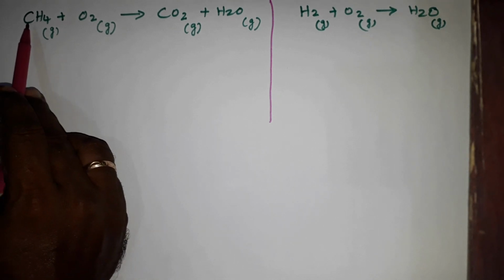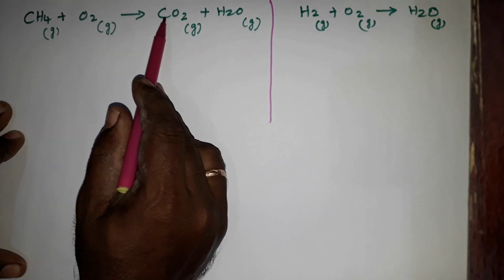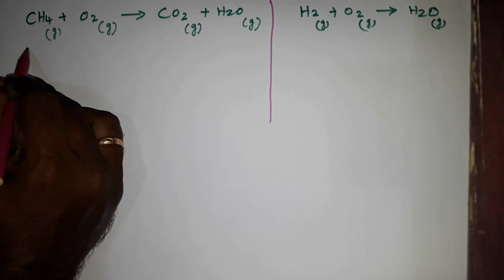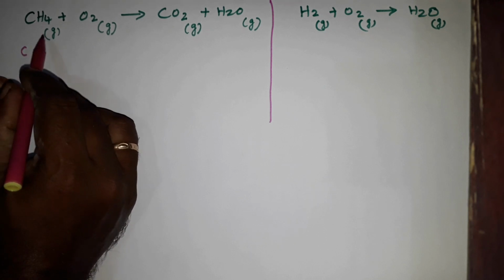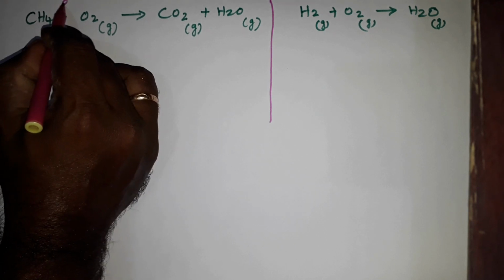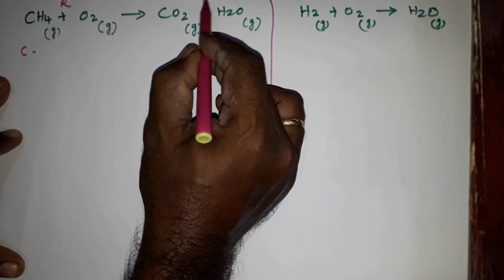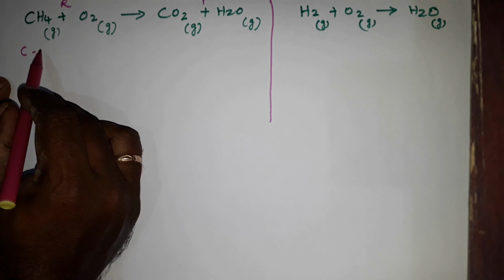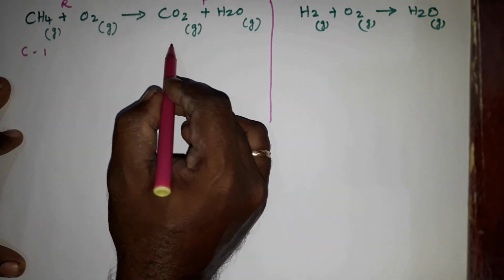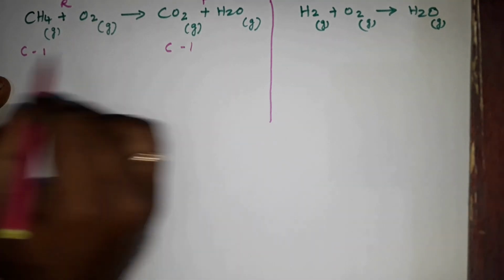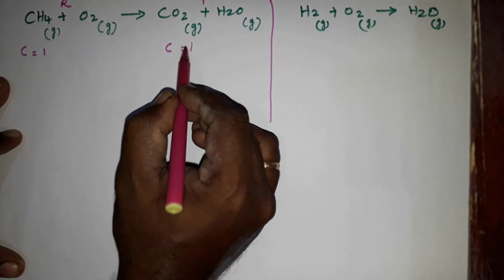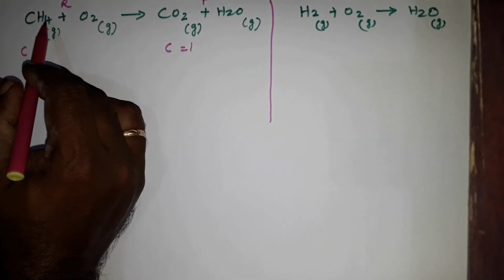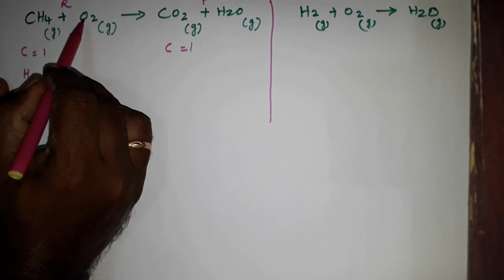See, here one carbon, here one carbon. Okay, so I will show how to balance. These are the reactant side, these are the product side. Reactant side, one carbon, then product side also one carbon. Then check hydrogen. What are the elements present here? Carbon, hydrogen, oxygen.